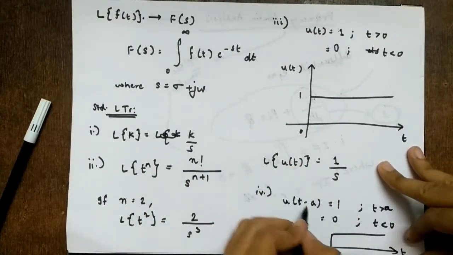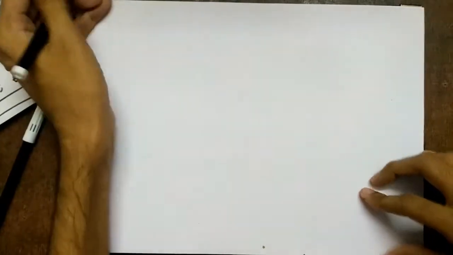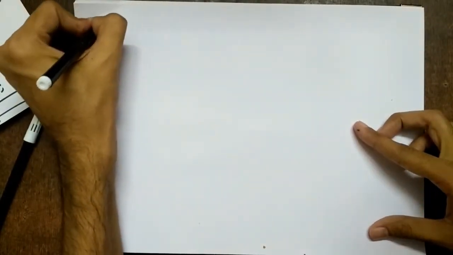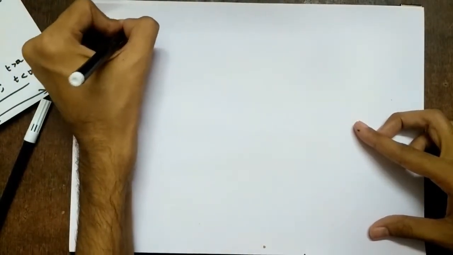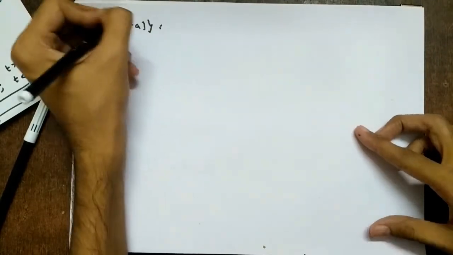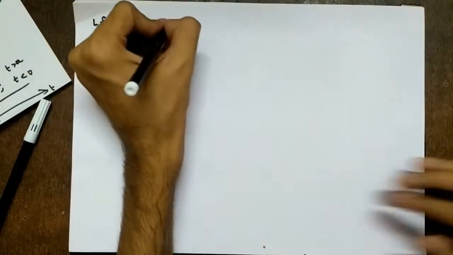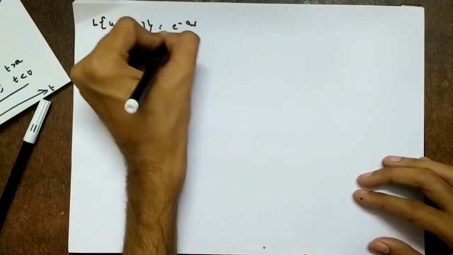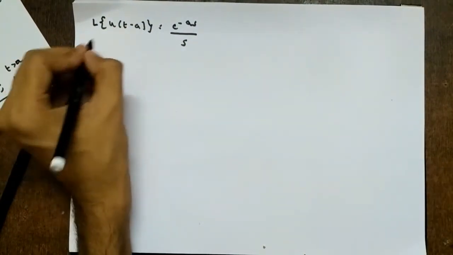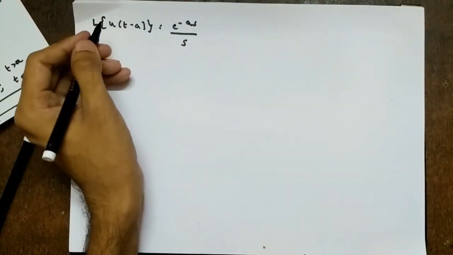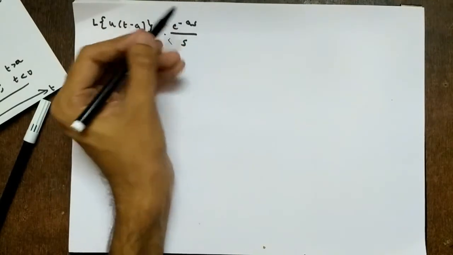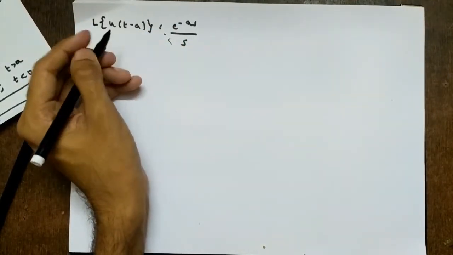This is nothing but a shifted version of u of t, that's why it is called the delayed unit step function. The Laplace transform of u of t minus a is equal to e raised to minus as upon s. In fact, we will see that if anything is shifted or delayed by a, we multiply by e raised to minus as, and the rest is all the same.